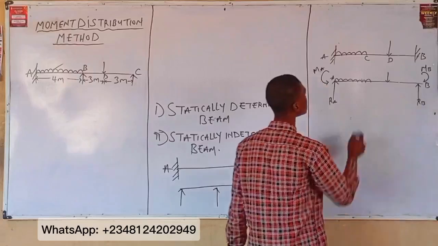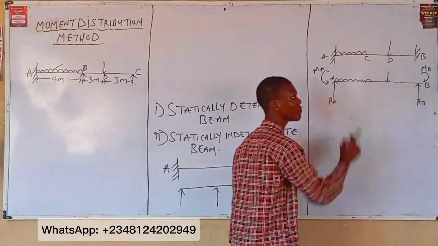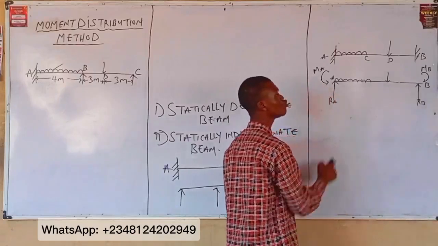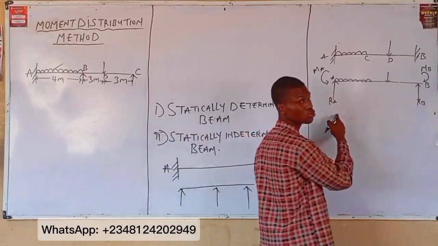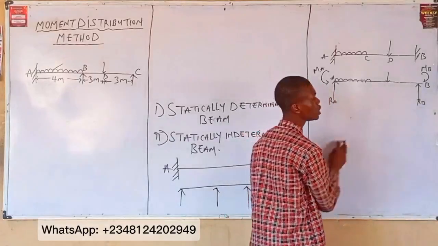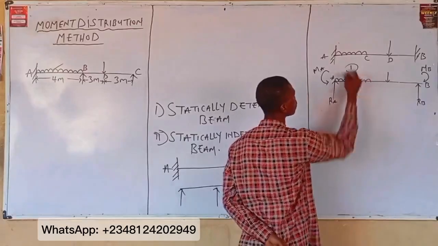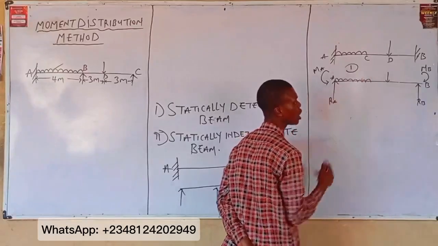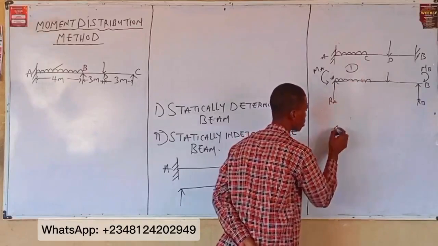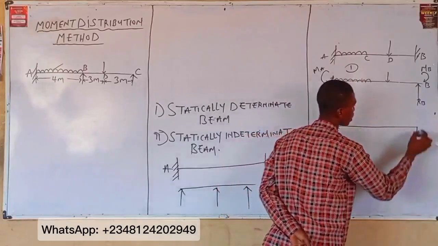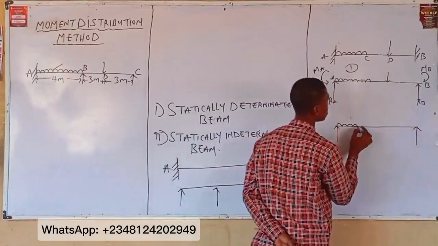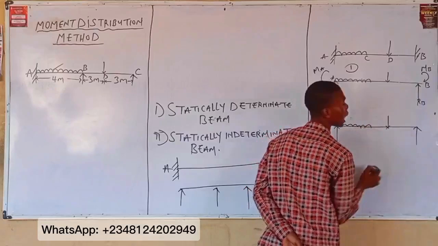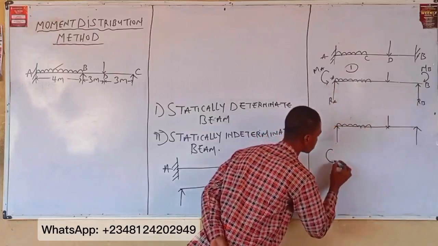Now, drawing the bending moment diagram for this beam, my first bending moment diagram is due to this vertical loading. Say this is case 1. From case 1, you can bring out two diagrams. This is the first one and this is the second one.